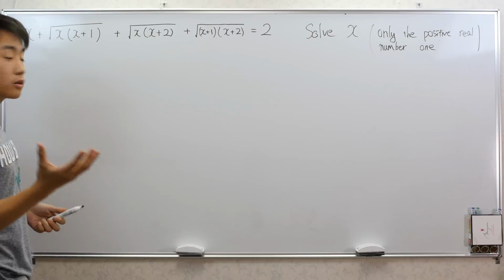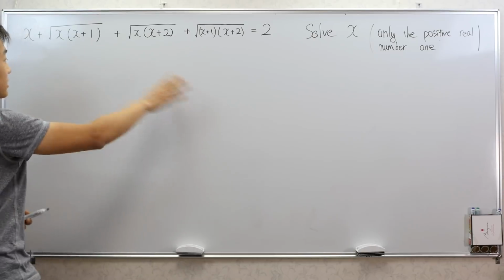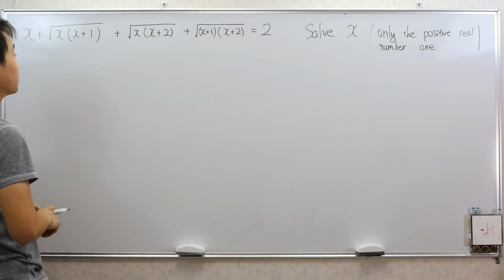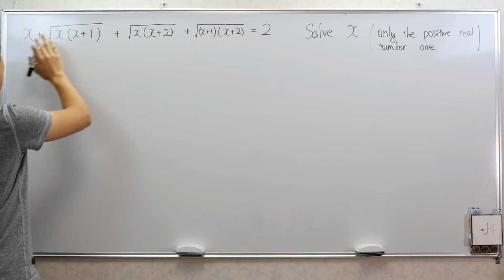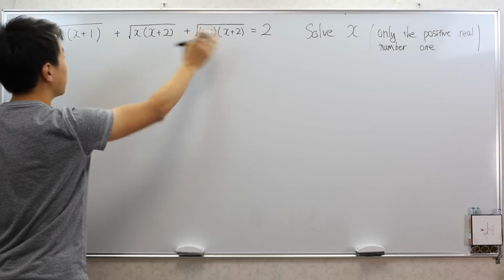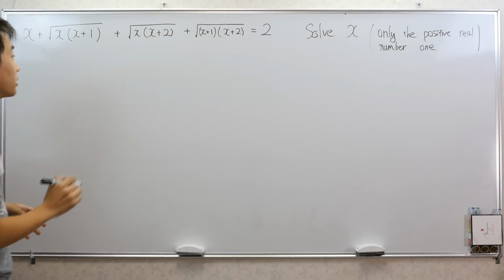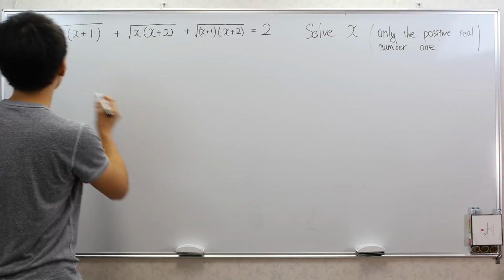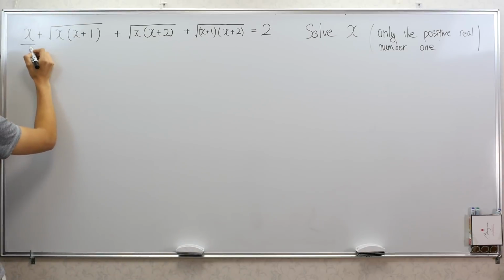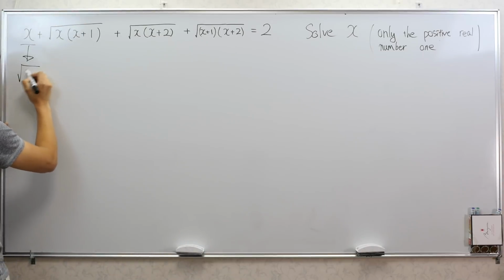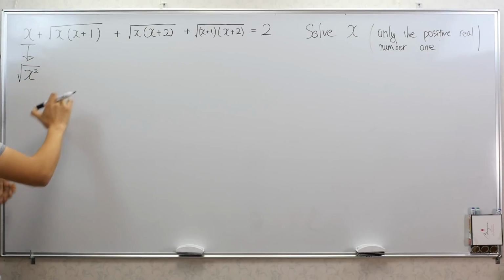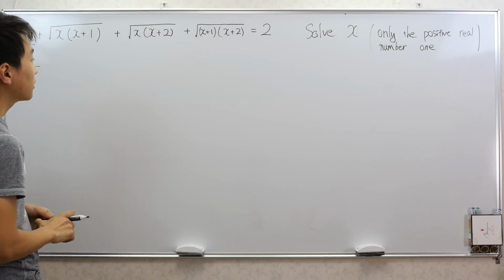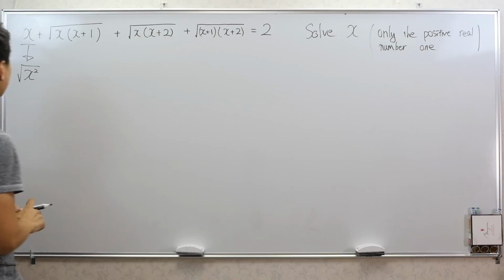What I thought when I looked at this question is that there are lots of similar parts, like x, x plus 1, x plus 2. And I converted this to square root of x squared, just to give me a vision of what I'm going to do.